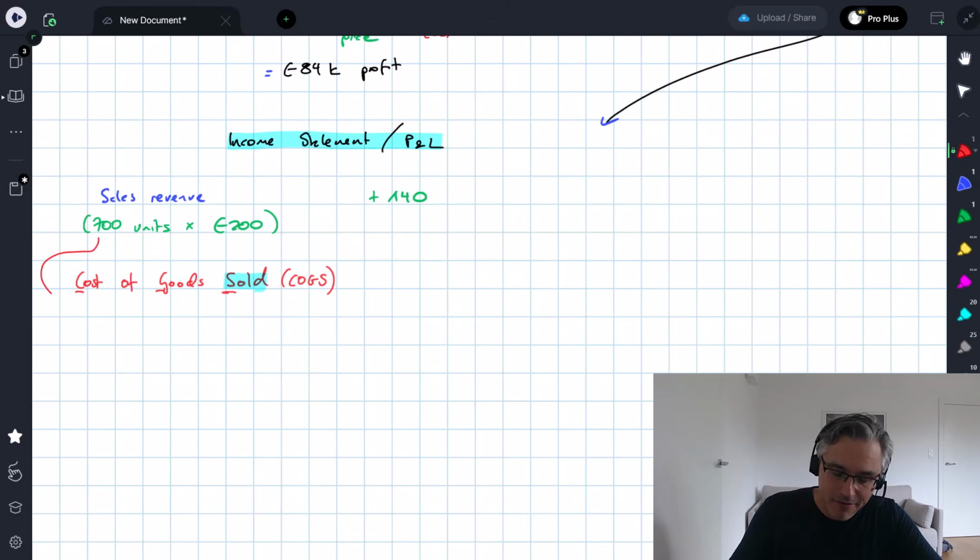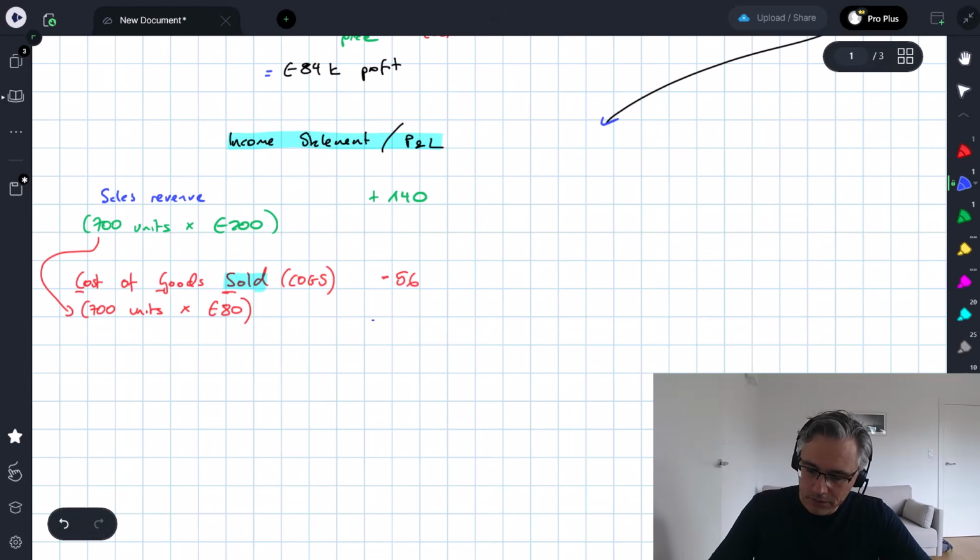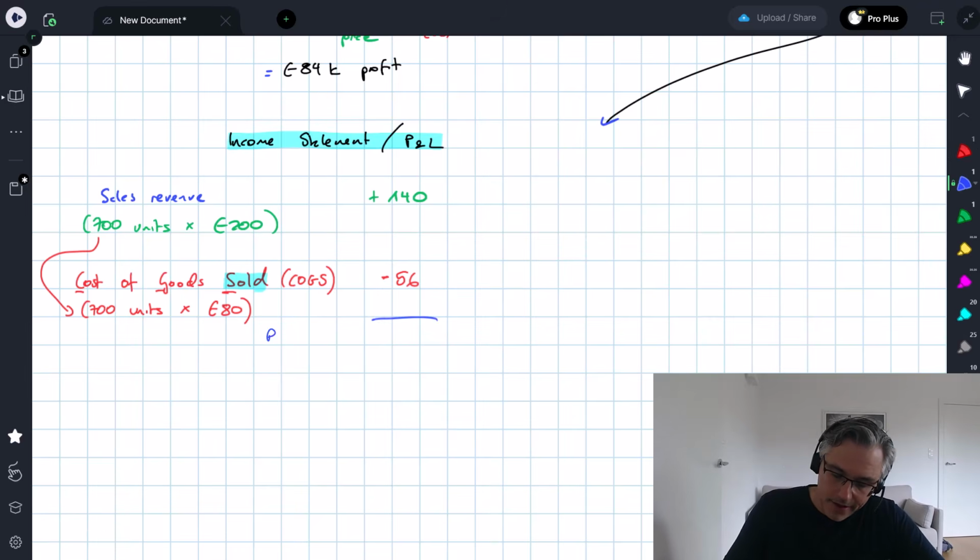And that was only 700 units, not the full 1,000. So 700 units times their purchase price, the unit cost of 80. And we've already done this computation. That gives 56. I'm doing a minus here because it's a cost. This is how we essentially arrive at a profit of plus 84.